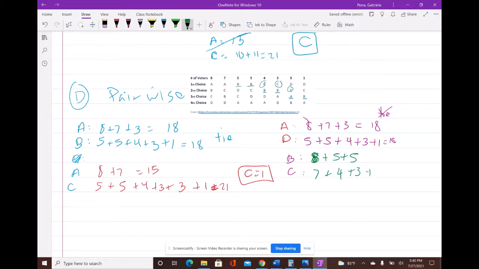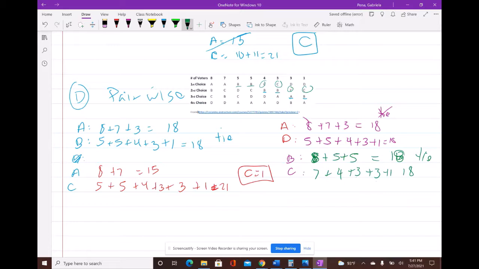C wins here. And C wins here. So this is 16, 11, 12, 13, 14, 15, 16, 17, 18. Did I do this right? Sorry, this is 18 and 18. So this is another tie. So we really can't do anything there.